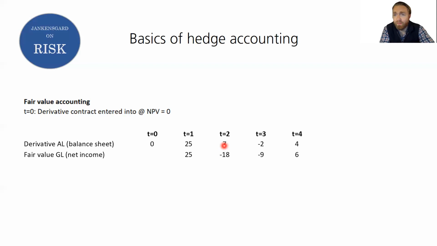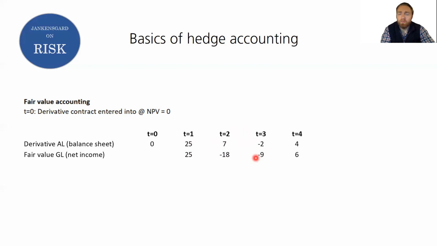It's still a positive number, so it's still an asset in the balance sheet, right? But it's a lower number, so there's been a decrease between these two quarters, and we have to show that as a loss, because coming down from a larger positive number to a lower one implies a loss. That's how this works. So we show that as minus 18, and this process just repeats itself, right? Here we move from 7 to minus 2. That implies a 9 loss.